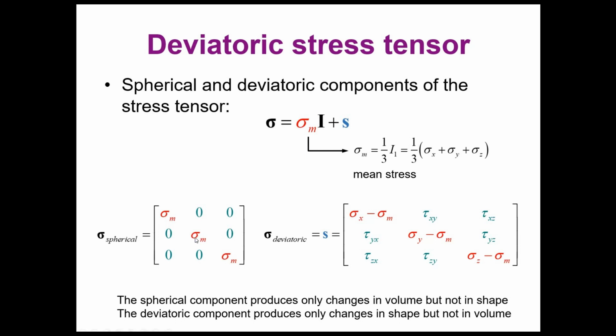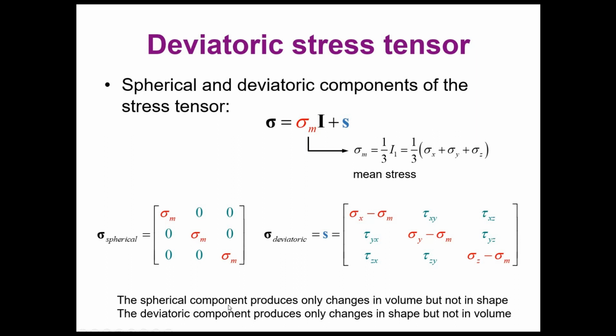It's a matrix with just ones in the diagonal. So when you multiply this value sigma m by this unity matrix, you get the spherical stress tensor. And the deviatoric tensor is the one represented here. So it's the original stress tensor minus the spherical tensor, and this is the shape in matrix form.